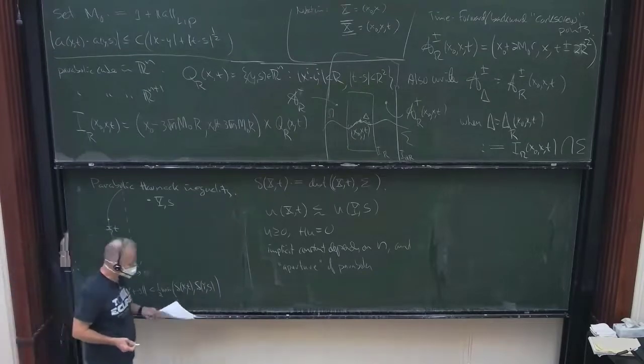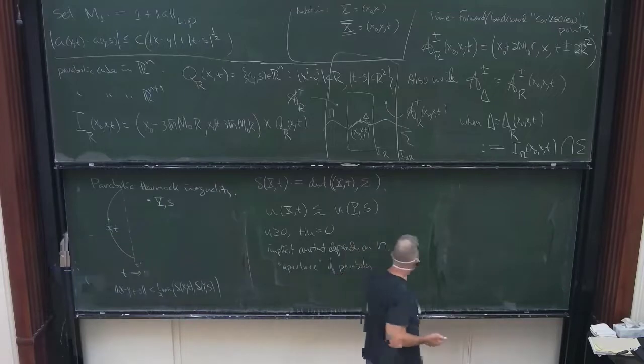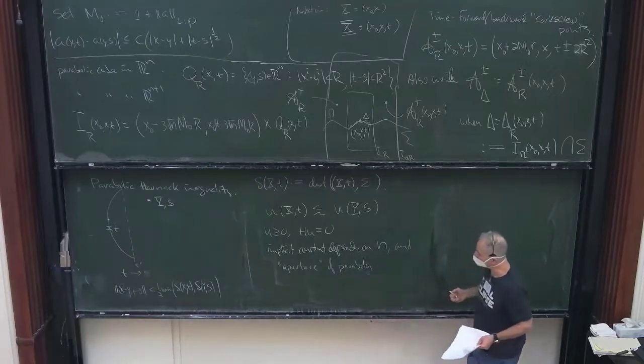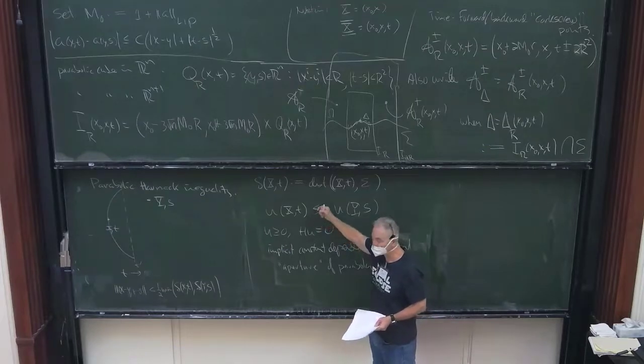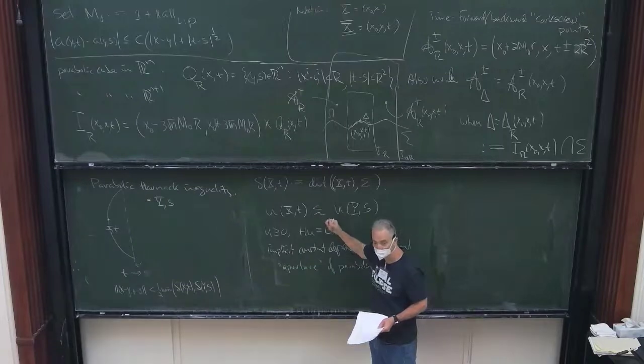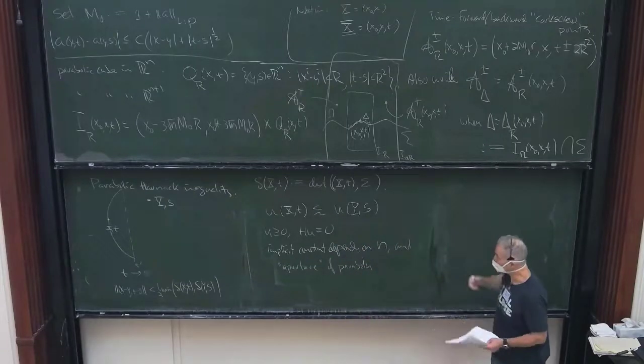So on the other hand, it would be super convenient if one had a Harnack inequality that acted like an elliptic one, where you had just equivalence here instead of a one-sided inequality.